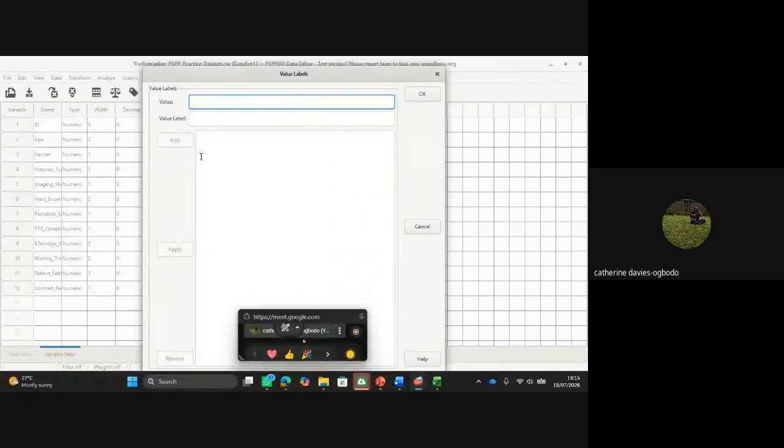Okay, so for gender, I coded female as 2.